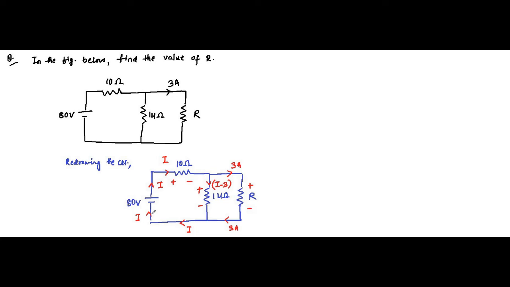Now first we have to apply KVL in this closed loop, the left hand loop involving the 80 volt voltage source. Here we will apply KVL 1.